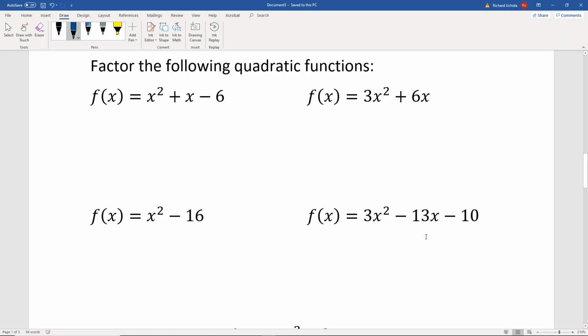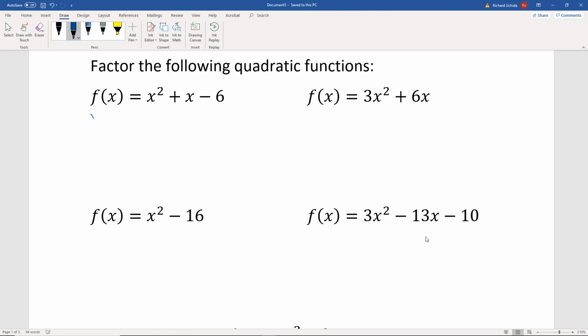Now, for that, let's recall some basic factoring of some quadratics. So let's look at these 4 examples. First, factor the following quadratic functions. The first one is f of x equals x squared plus x minus 6.